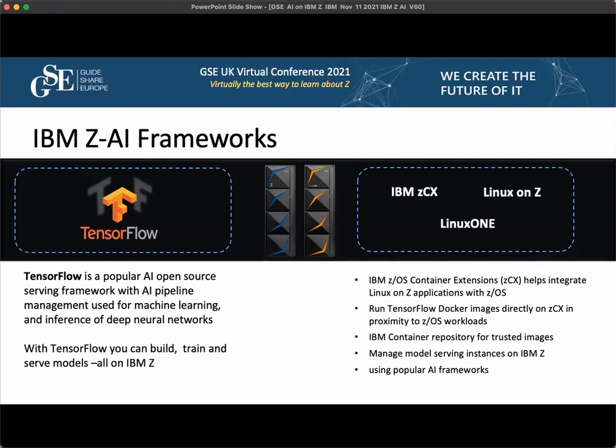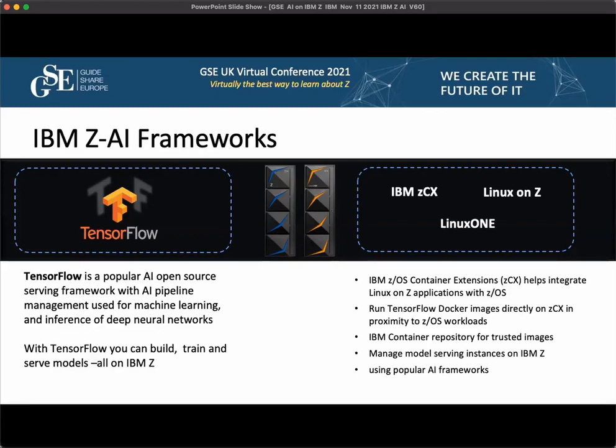So it was important to us that not only we had TensorFlow available on our platform, but also that we optimized it. And as you saw in the previous chart, we're optimizing TensorFlow to also leverage the accelerations that we put in our software stack, but also our Z Next AI hardware acceleration.